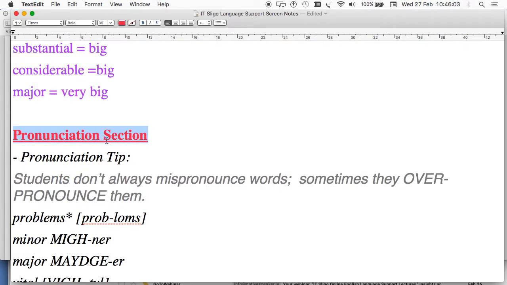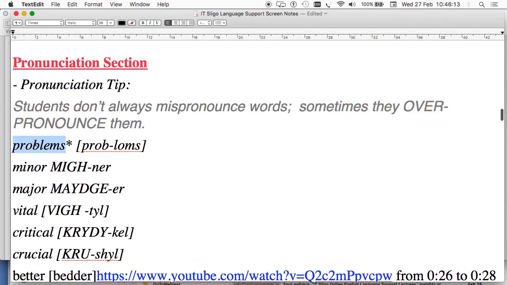Then we did go through a few pronunciation issues. Students don't always mispronounce words. You'll remember I said last night that they sometimes overpronounce words. That's often your problem. So a common word, problem, that's not the correct pronunciation, it's problems. Okay, it's minor, as in might, minor, major, vital.